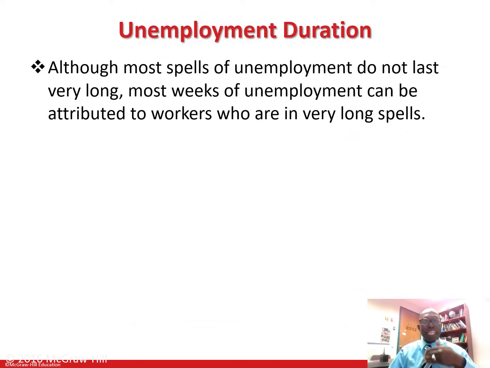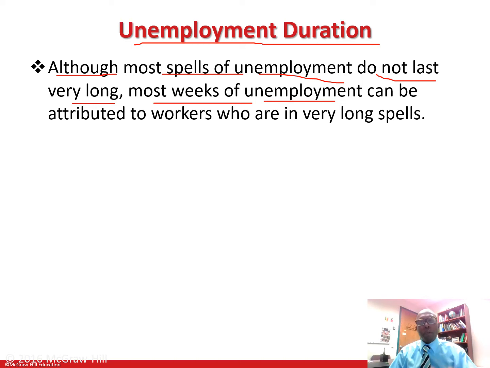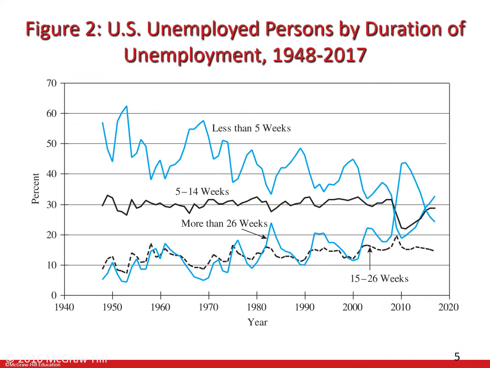Now let's pay attention to unemployment duration. Although most spells of unemployment do not last very long, most weeks of unemployment can be attributed to workers who are in very long spells. Figure 2 displays the US unemployed persons by duration of unemployment from 1948 all the way up to 2017.